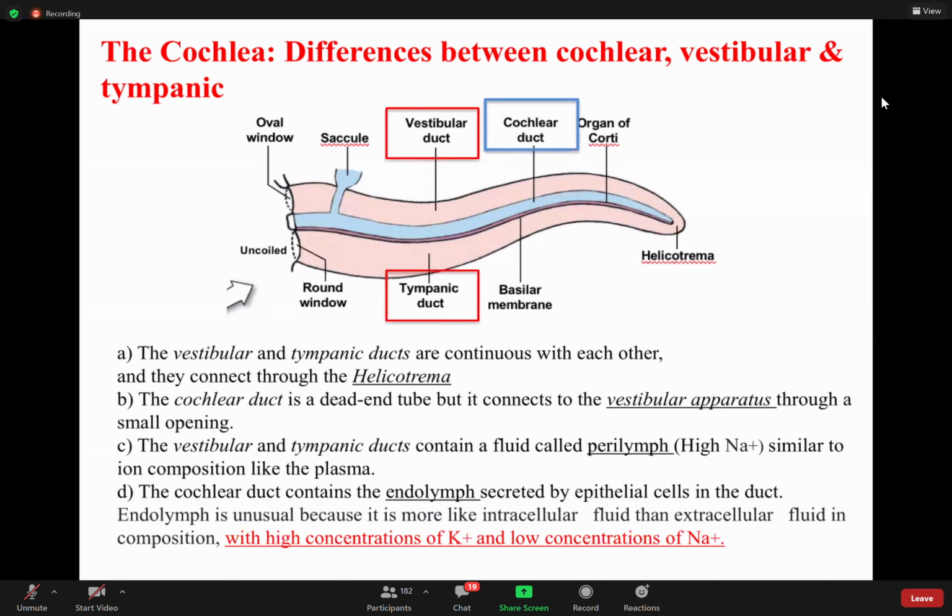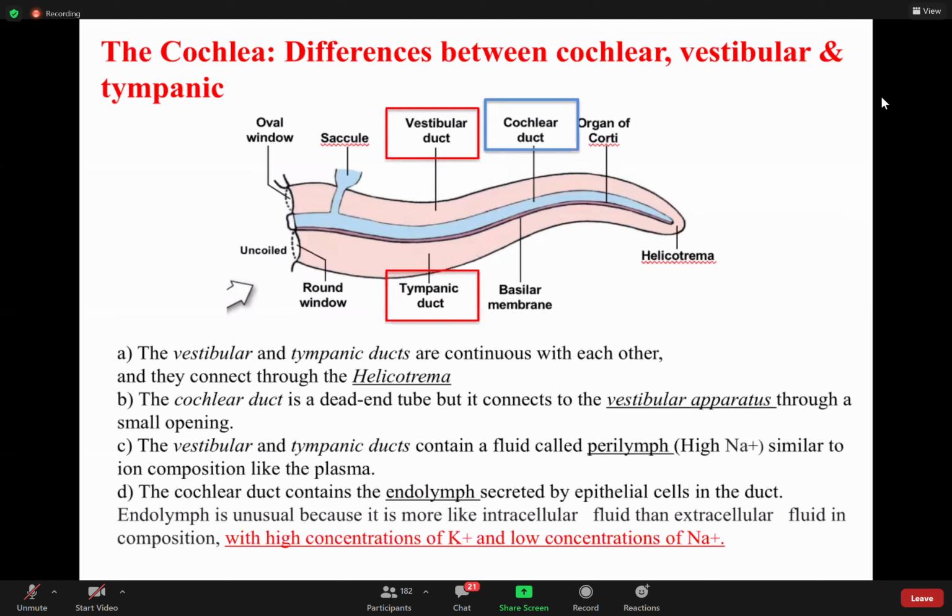As you can understand, everything is written down in your slides. Please pay attention to at least one of the slides that says to look at the notes. Try and remember this slide that I have in front of me, so that you understand the differences between the different ducts.